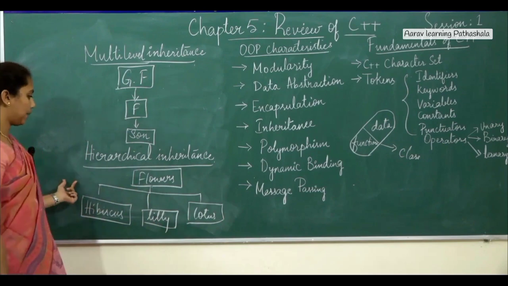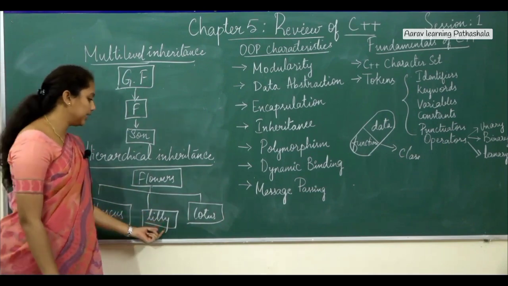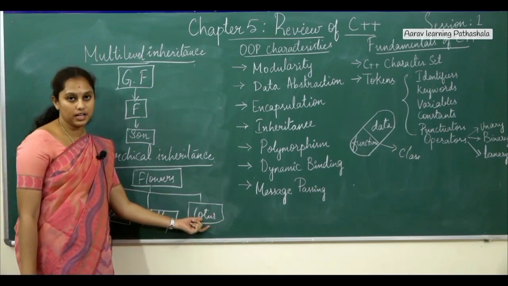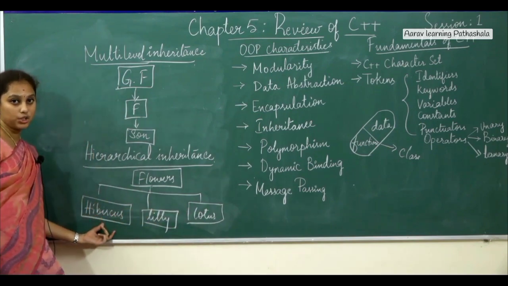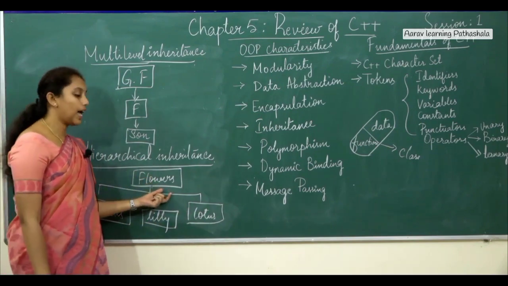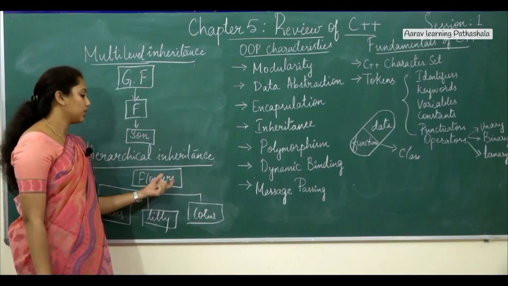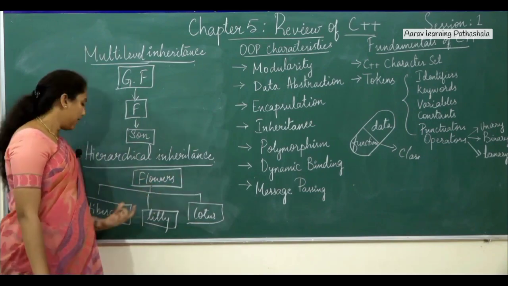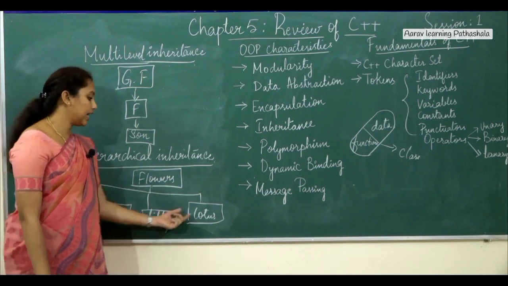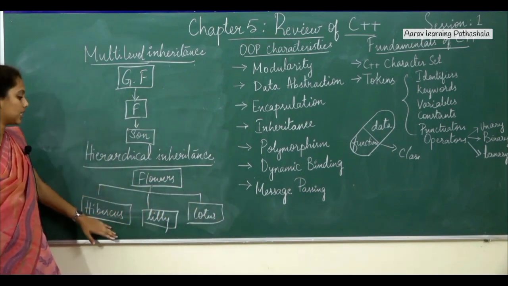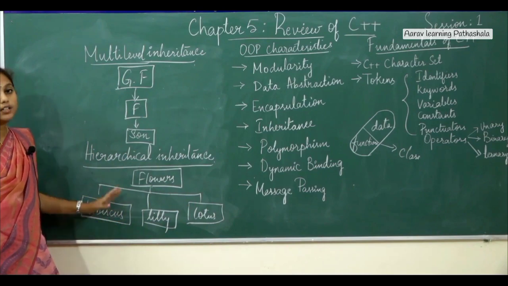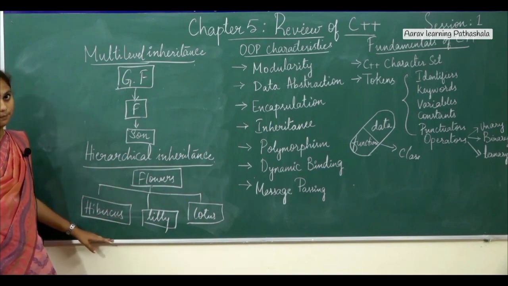See in this example, hibiscus, lily and lotus are the derived classes which are deriving the features from the class called flowers. So flower is the base class and hibiscus, lily and lotus are the derived classes. So this employs a one-to-many relationship.